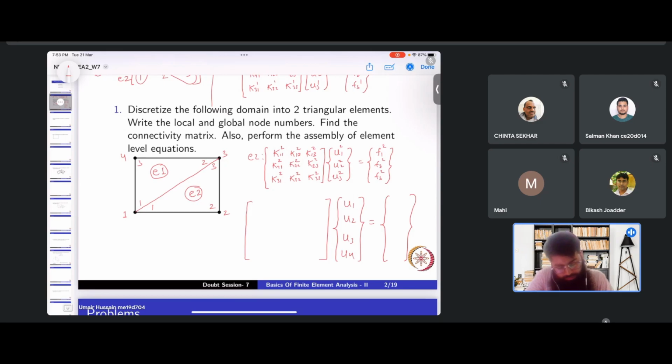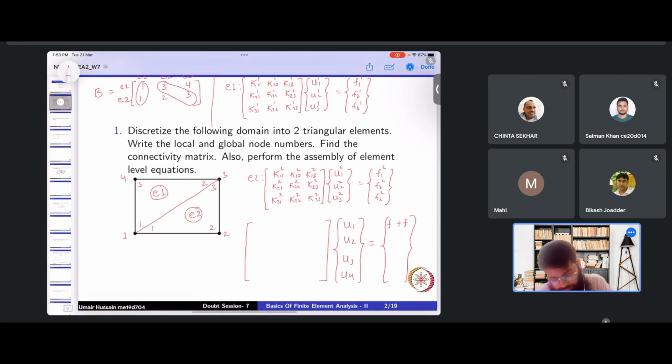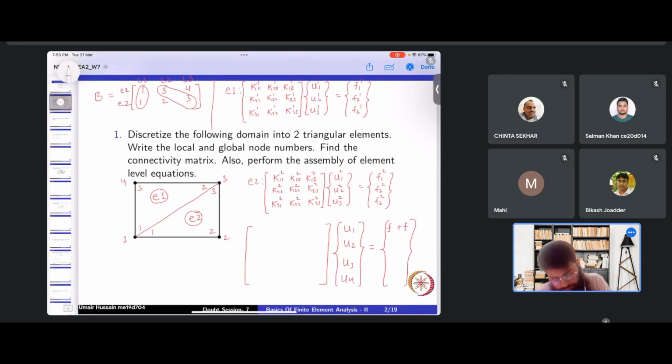So first we'll start with the easy one. For global node 1, how many contributions do we have? Two contributions, sir. So what are those two contributions? K11 of the first element and K11 of the second element. I am talking about the force vector. It's right with respect to the K matrix, but I'm talking about the force vector.